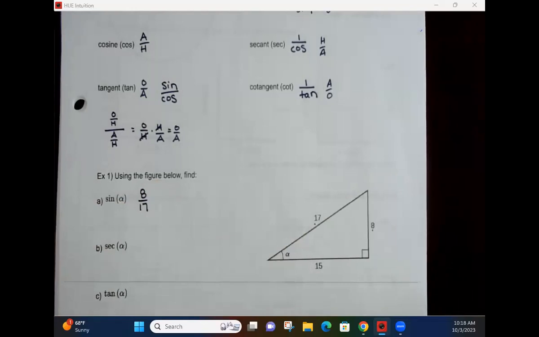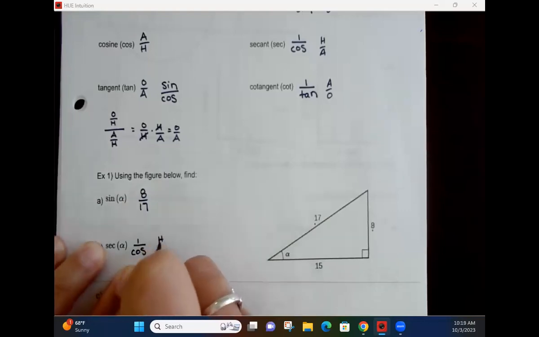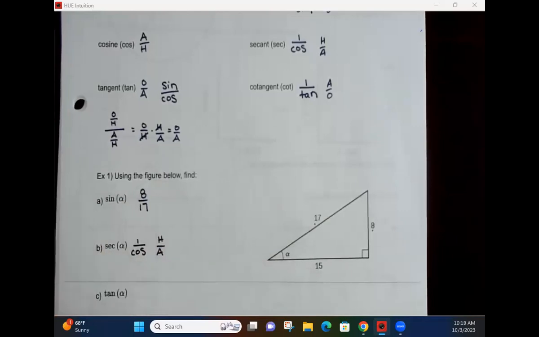So secant is the reciprocal of cosine. Cosine would be adjacent over hypotenuse. So we want hypotenuse over adjacent. We want the reciprocal of that. So that would be 17 over 15.